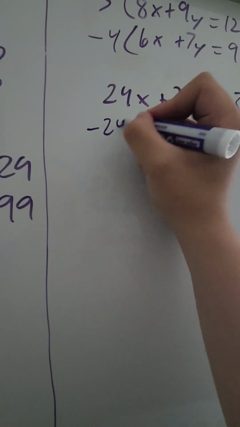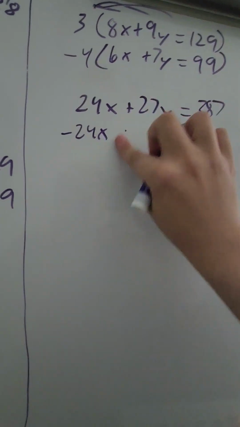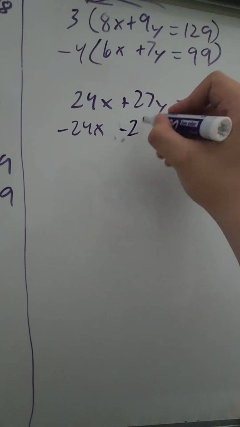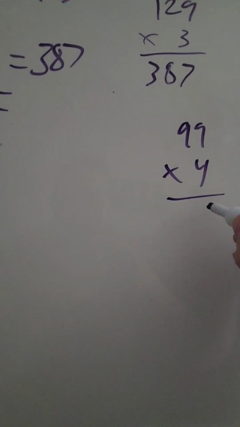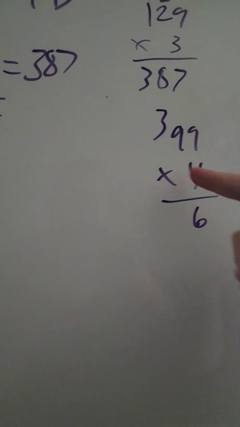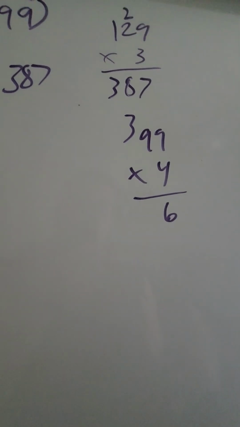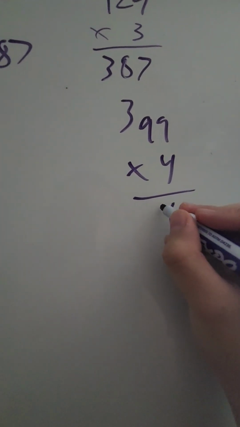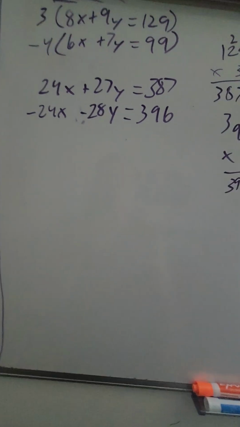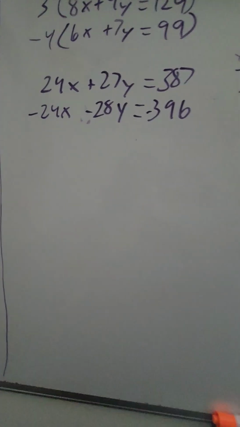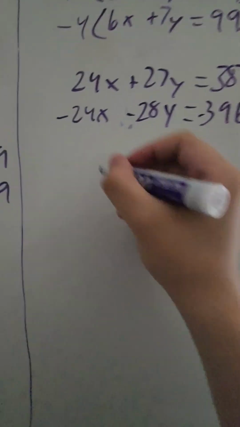That would be negative 24x minus 28y is equal to 99 times 4. This would be 36, and then 36 plus 3 is going to be 39, so that would be negative 396. My bad. Alright, and now what we do, we just add them together.